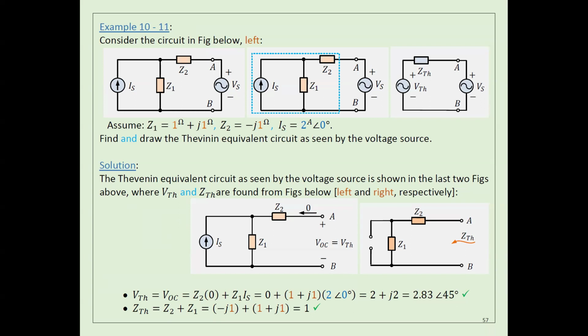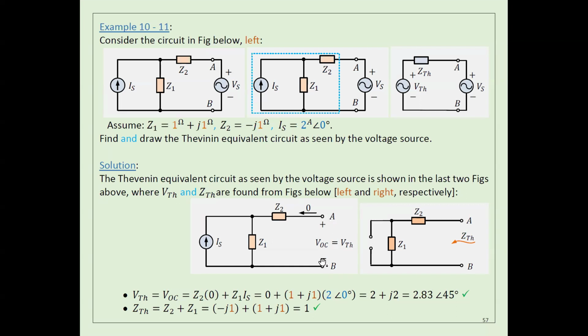So this is Z7. Now, for V7, I want to find the voltage drop here. Because there is no current in Z2, the current in here is equal to 0, so the voltage drop here is the same as the voltage drop here. All the current from IS is going to come through Z1 in this segment. So the voltage drop across Z1 is I times Z1, plus the voltage drop here, which is 0.